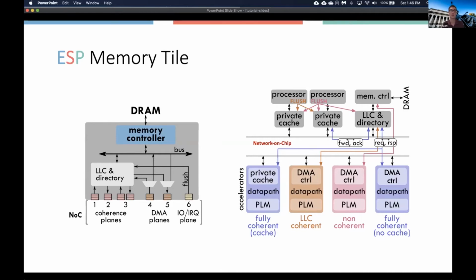This is very useful if you have a third-party accelerator that needs to be coherent, but has no notion of the coherency protocol, and if you don't want, for example, to flush the caches in your device drivers. This, for example, can be used to run Ethernet, which is a component that requires full coherency, but at the same time, we don't want to flush the caches every time we need to swap the Ethernet buffers.